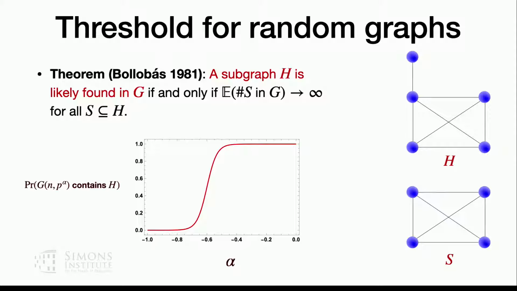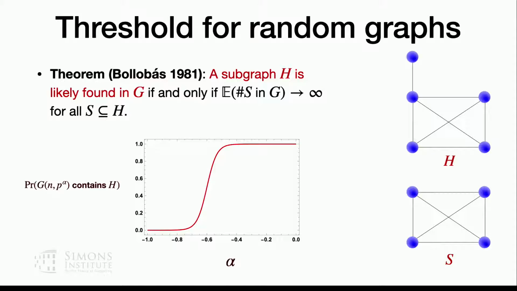So that means that, specifically for this graph H, the bottleneck comes from this S. For every graph H, there is a subgraph which is the one that needs p to be the largest in order for the expectation to be infinity. When you raise p, at some point each subgraph is going to go to infinity, and when the last one does, that's the bottleneck, then you're going to start having H's.